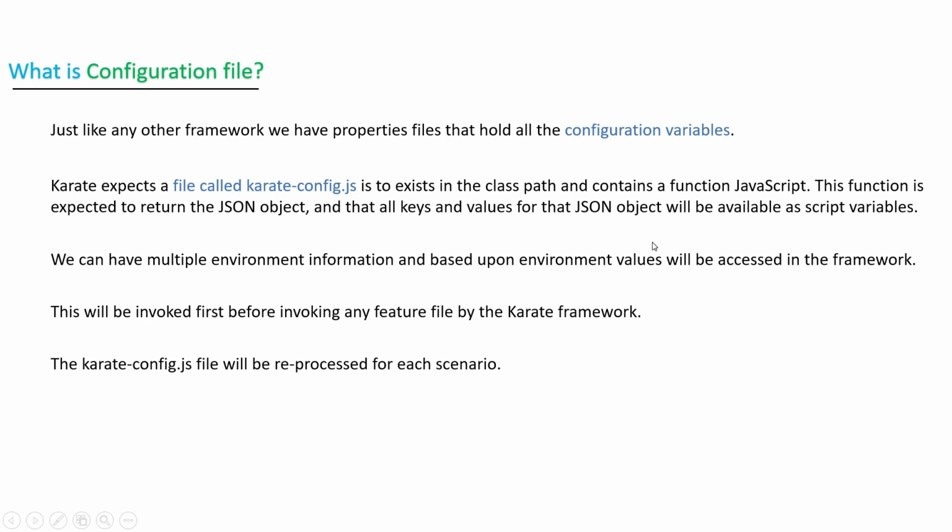If you are working in the testing environment, you have different credentials, different URLs and endpoints, but when you go to the staging environment, that is going to be different as well. So with the help of this karate-config.js file, we can save the configuration and we can distinguish between different environment variables as well. So let's go and implement it in our project.